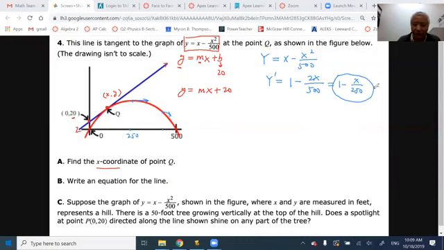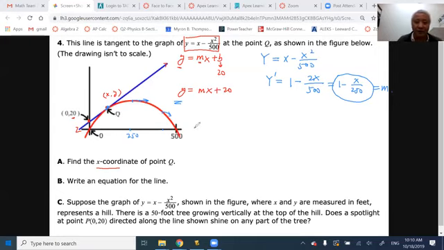Now, we know this represents the slope, but we don't know where the x should be. But I'm going to apply this to this point here. This y will be the y coordinate of this point on the tangent line and also on the graph of the curve. So these two y's must be the same, and then we can solve for the tangent point.